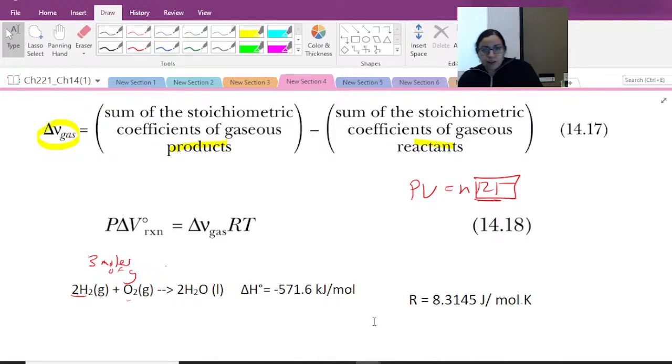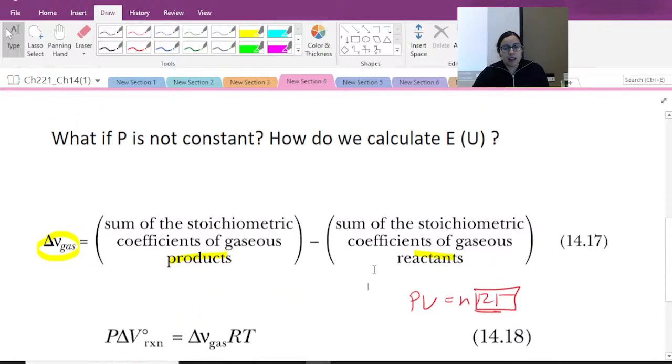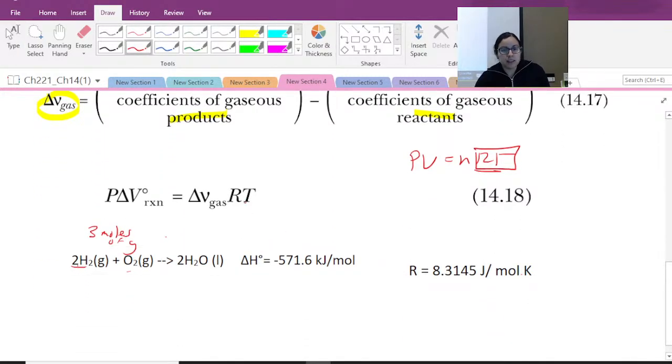All right, so then we're trying to figure out, again, our internal energy change. So we have our delta H of our reaction. So now let's plug these values in. I'm realizing we didn't get a temperature, but let's just assume it's 298 degrees Kelvin. So that's about our room temperature. And we said products minus reactants, so 0 minus 3. So our delta V gas is -3.